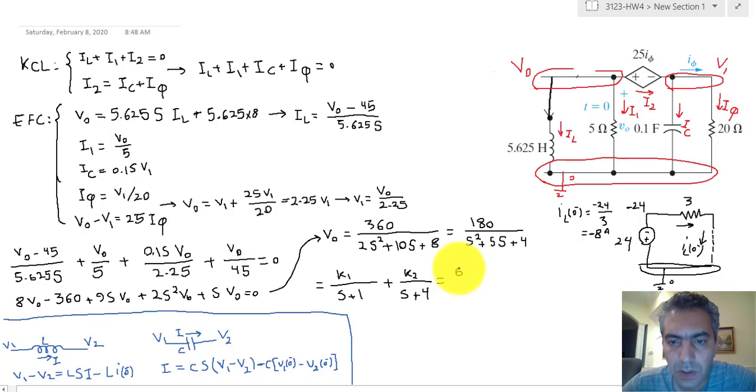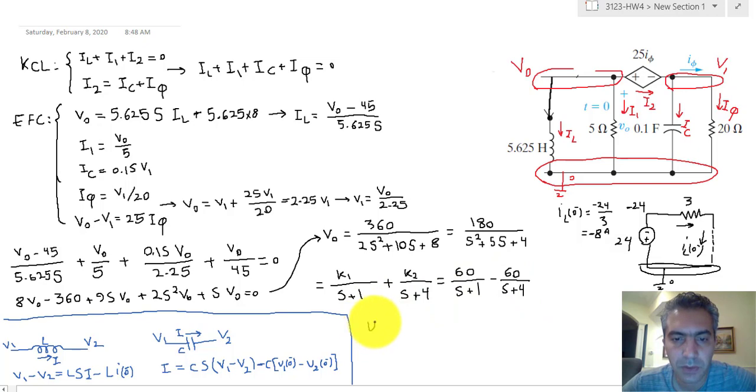So 60 divided by s plus 1, and you just do the same for s plus 4, multiply both sides by s plus 4 and evaluate this at s equals minus 4, which becomes 180 divided by minus 3, which is minus 60, so that would be minus 60 divided by s plus 4.